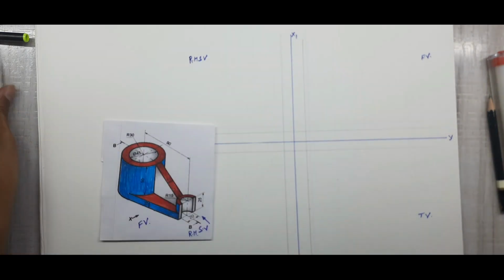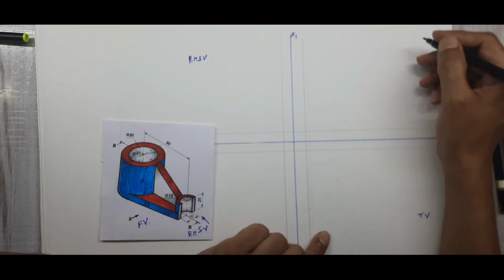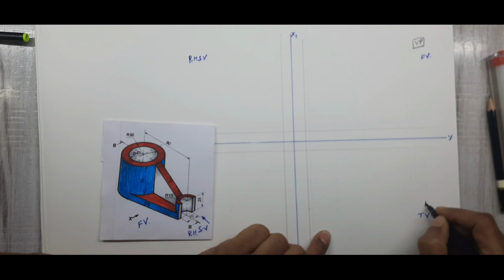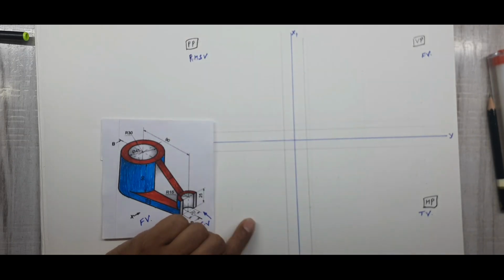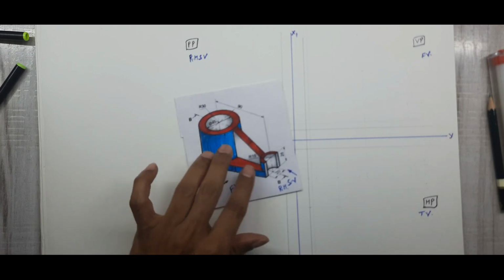One more thing we can observe, when I am talking about the front view, it means that this is your vertical plane, this is your horizontal plane, and this is your profile plane.